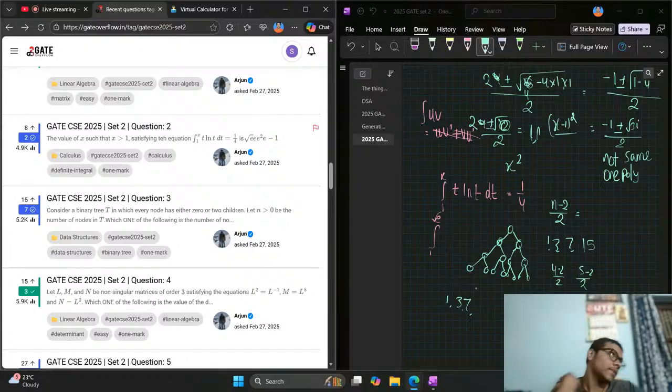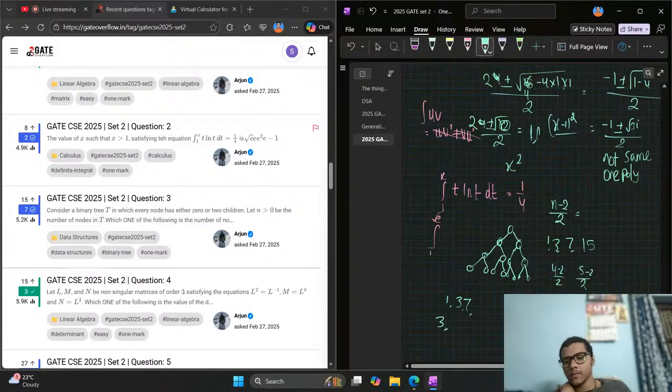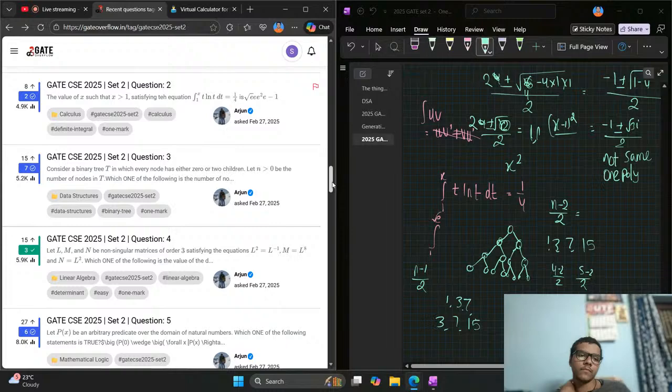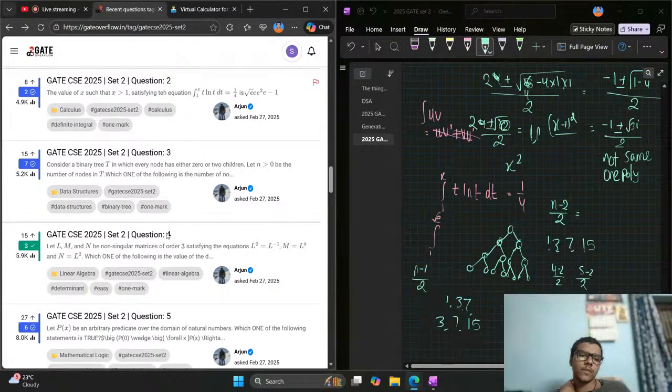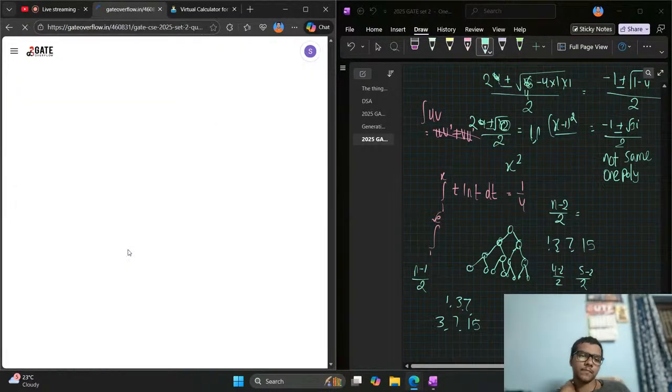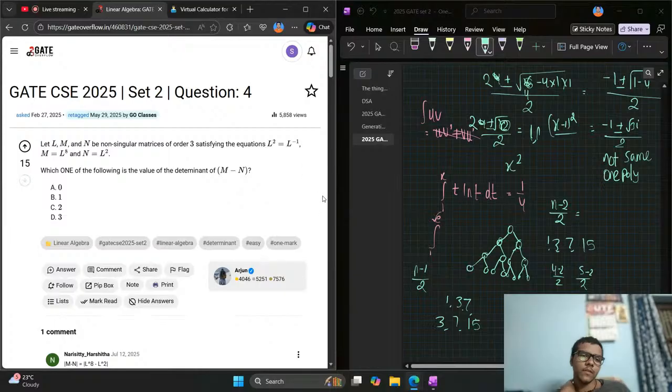Okay, wait. From this, you are supposed to get that if you want that. It is absolute ln minus 1 by 2. You did not understand the question properly in the first place. Non-singular matrices equal to L inverse.